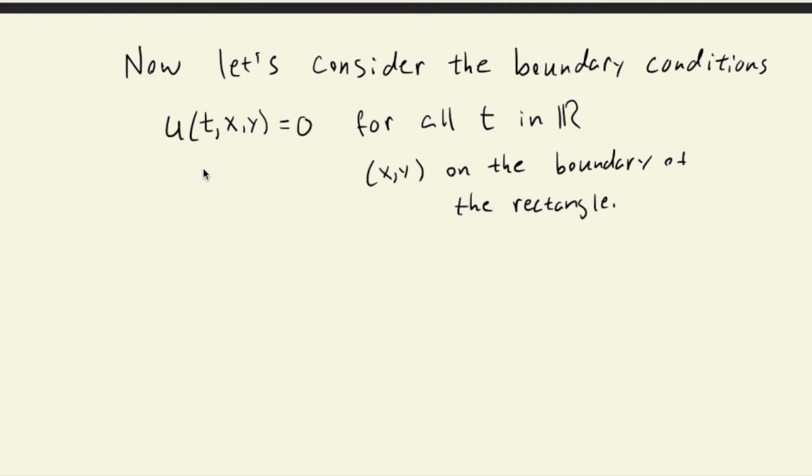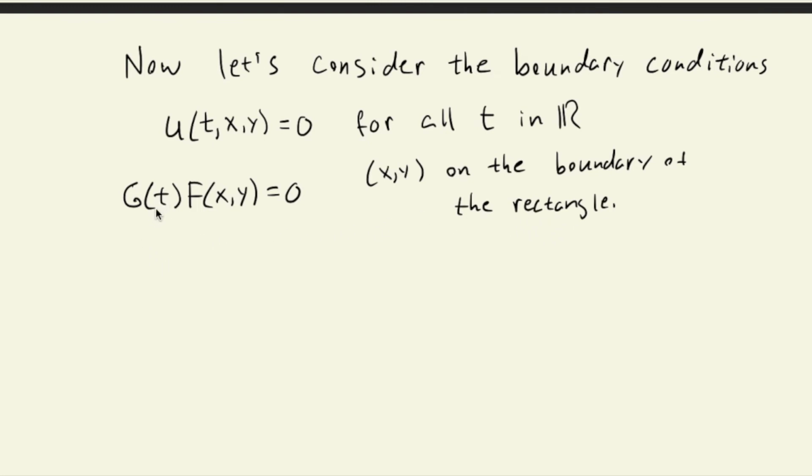So first, we can write u as g of t times f of x, y. So this has to be equal to 0 for all t and x, y on the boundary of the rectangle.